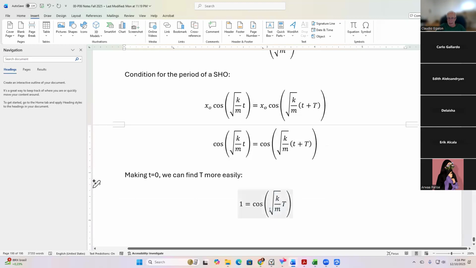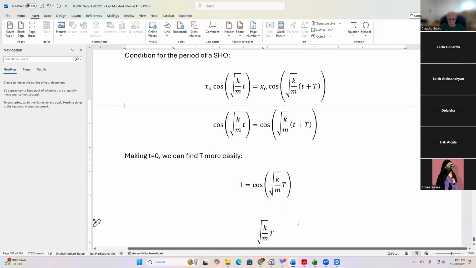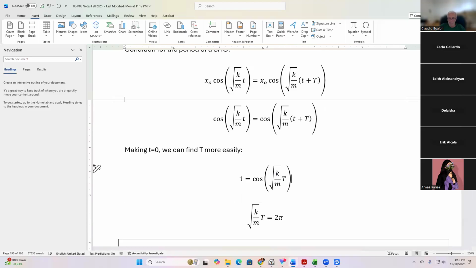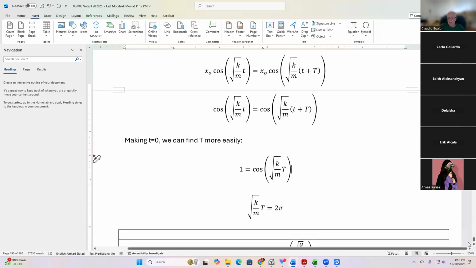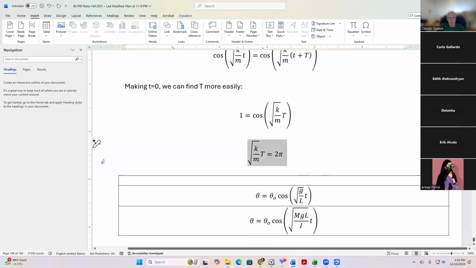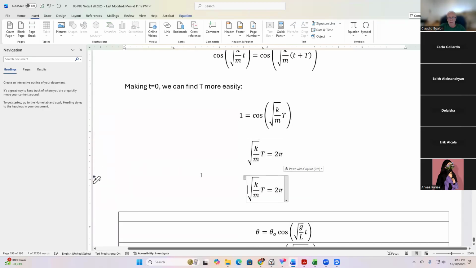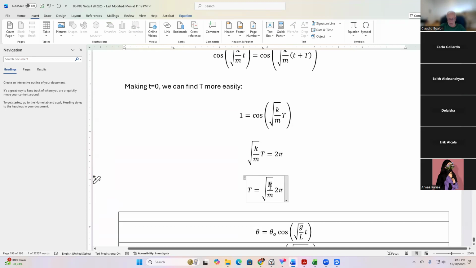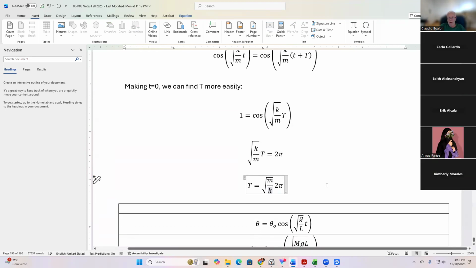The term in the parentheses must be equal to 2 pi. That's how we find the period of the oscillation. Then we solve this equation for T, using the ratio inverted. That's for the simple harmonic oscillator.